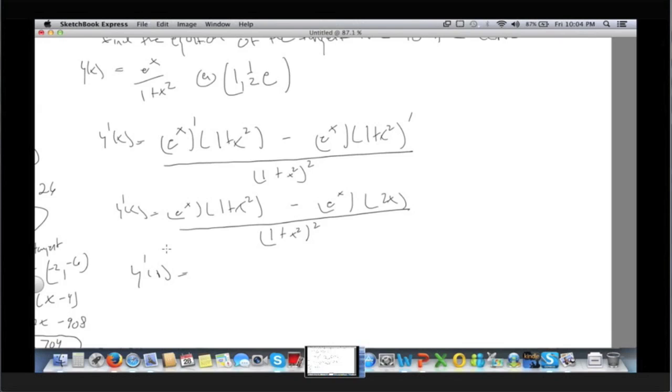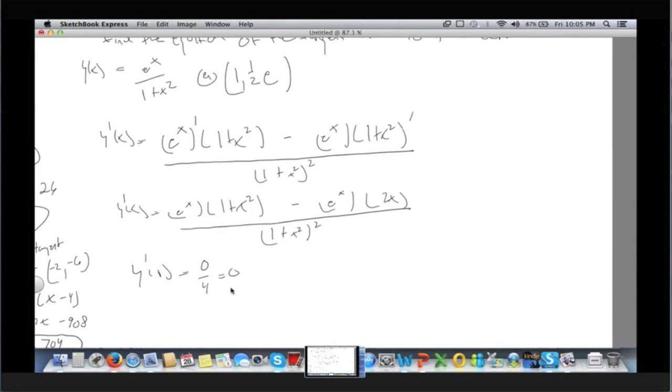So e times 2 minus e times 2, so 0 over 4. e times 2 minus e times 2 is 0. Okay. So the slope is 0.